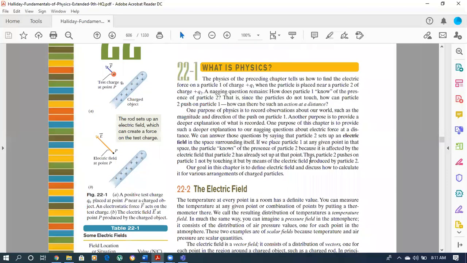The word field is used on many occasions to describe, sometimes, a temperature field or a pressure field. Similarly, we are describing here the electric field: the area in which some charged body can feel the influence of the other charge, which is already present there.